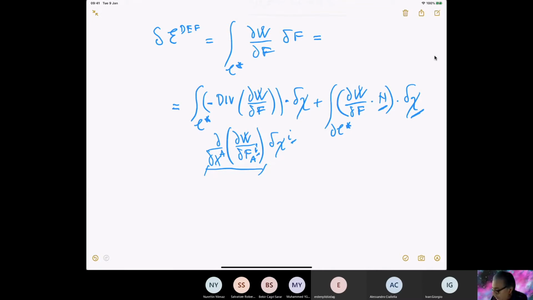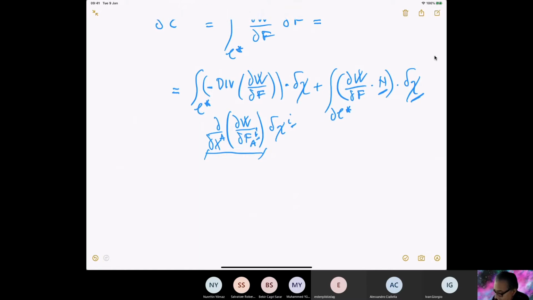Okay, this calculation is important for two reasons. One, you get a strong formulation for equilibrium.